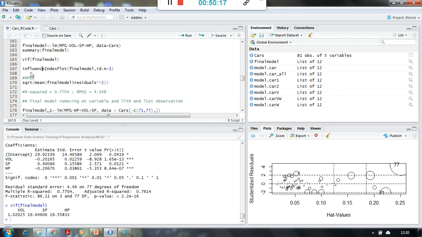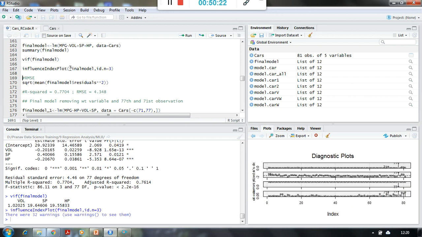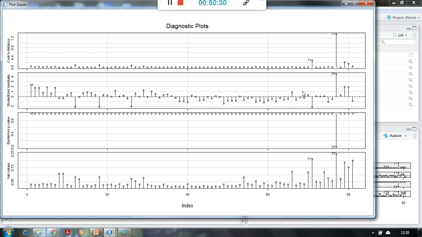Now I am going to check the influence index plot. For this model, the model has changed over here. Earlier it was model.car1, now it is the final model. And if you see over here, 71 and 77 are not going. 71 has gone probably here. 77 is still there, and the first observation is there.